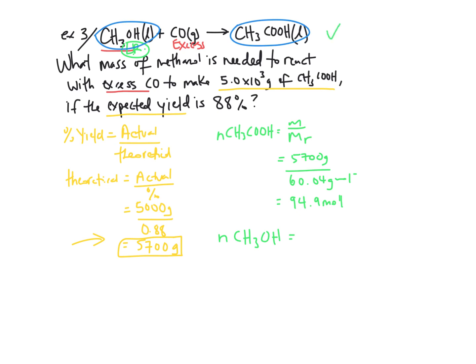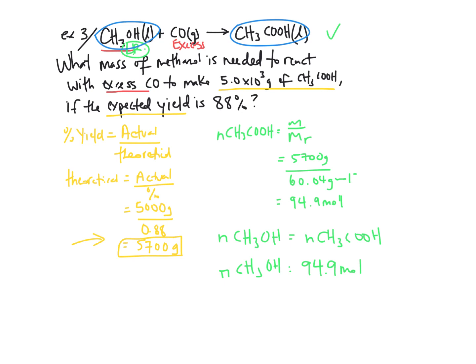Okay, so the moles of CH3OH are equal to the moles of CH3COOH, which means that the moles of methanol are also equal to 94.9.